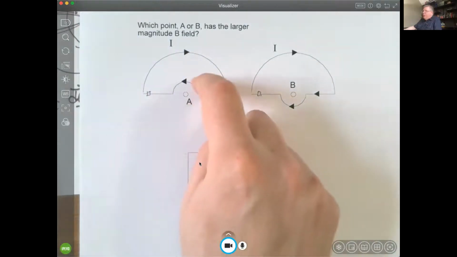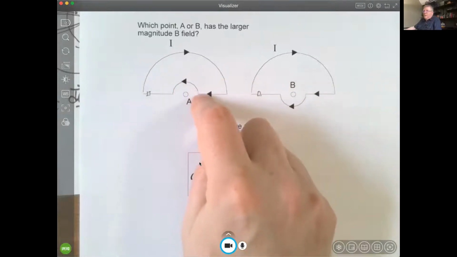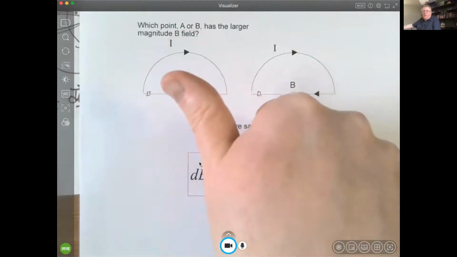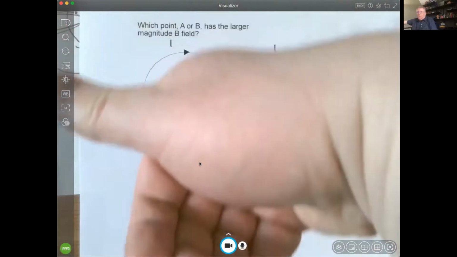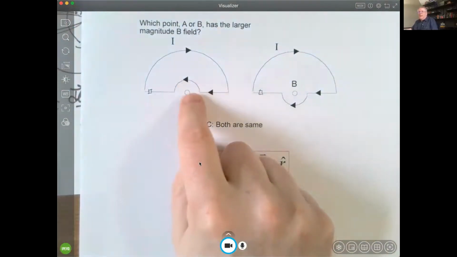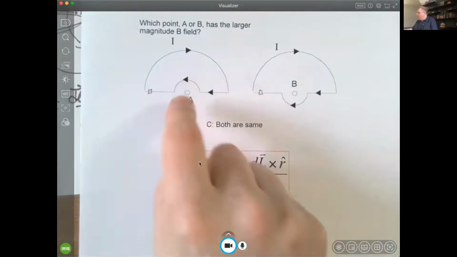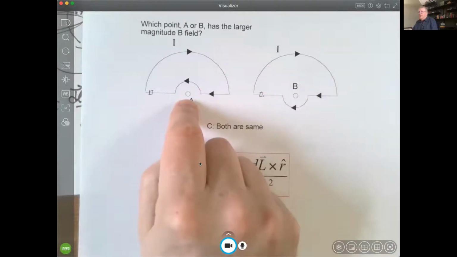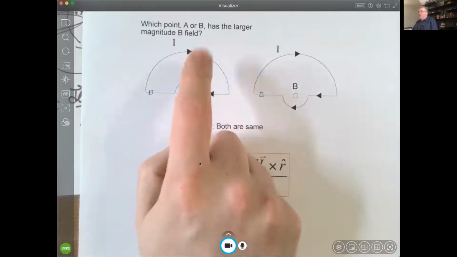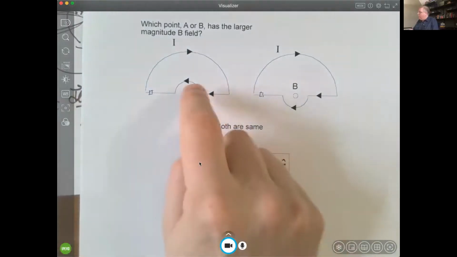This guy's making a field which way? Out of the page, right? If I put my thumb along this one, he's headed to the left, and so my fingers curl up, and so he's making a field that's out of the page. So the inner loop is making a field out of the page, and the outer loop is making a field into the page.